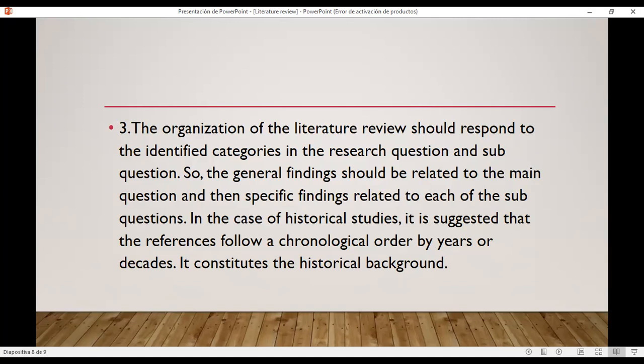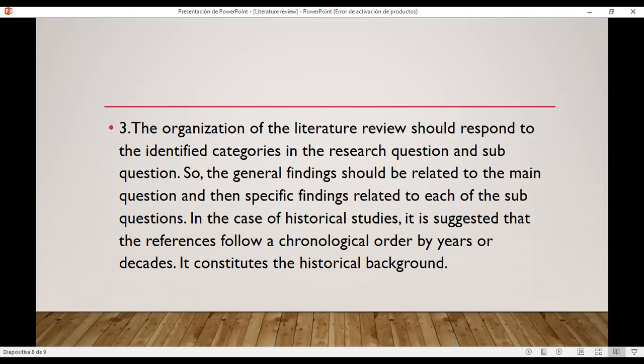I have to organize according to my research. So I have to see what I want to respond to at the end of the investigation. I'm going to respond to the research questions. So I need to take the key terms from the research questions, and those terms are going to be the headings and subheadings of the literature review.